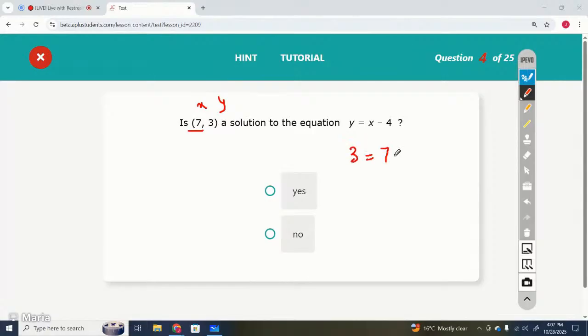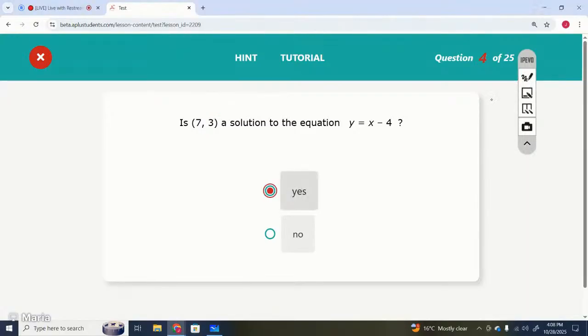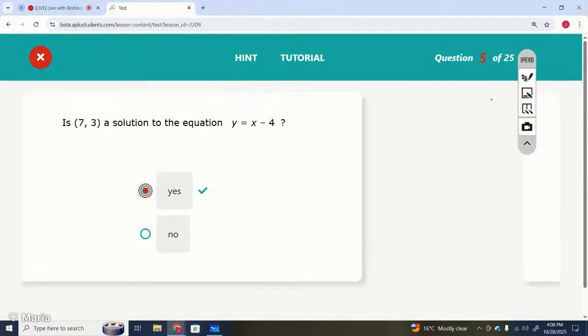Y is 3, 7 minus 4. 3 equals 3. Yes, it is. Option number 1 is the correct option.